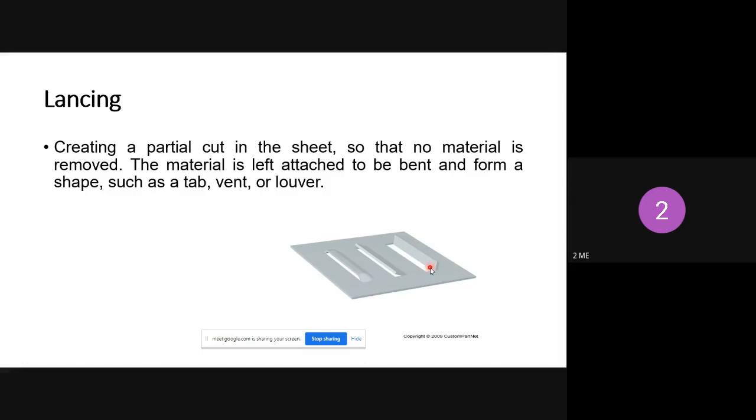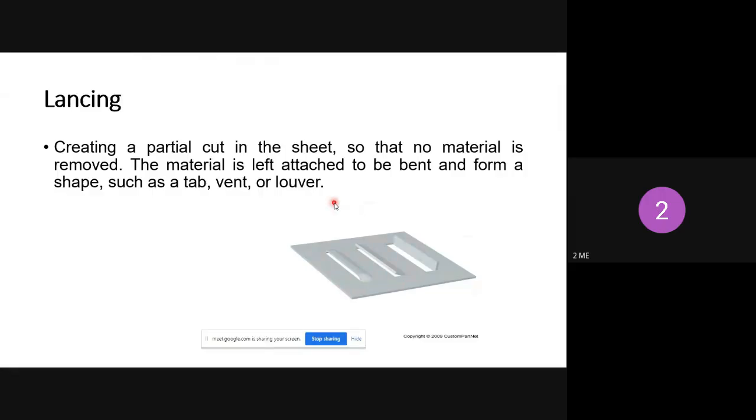Instead, we can bend it to a certain angle, around 90 degrees. This is mainly used for decoration purposes.